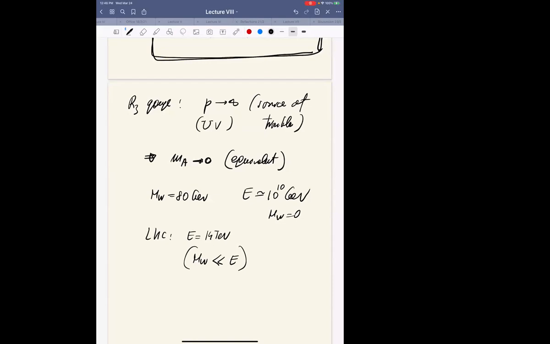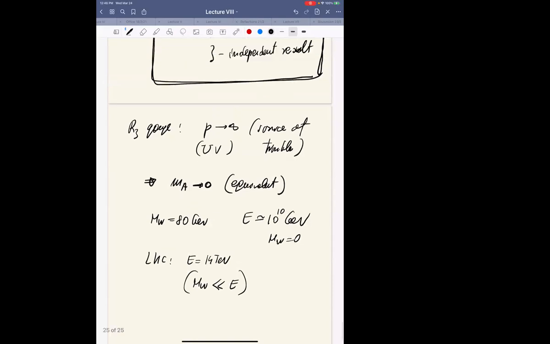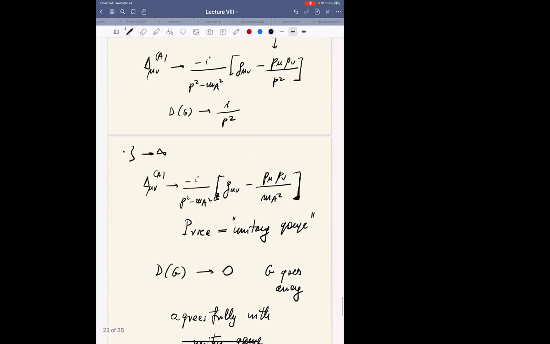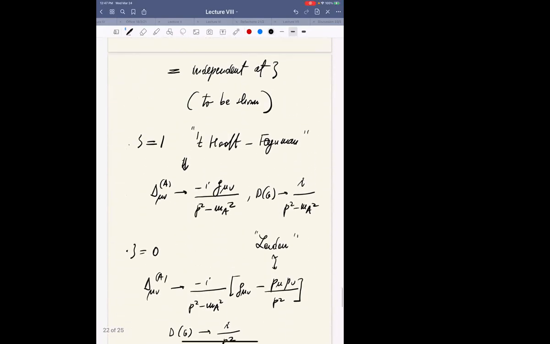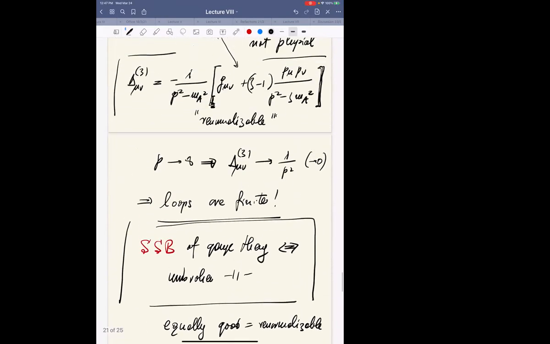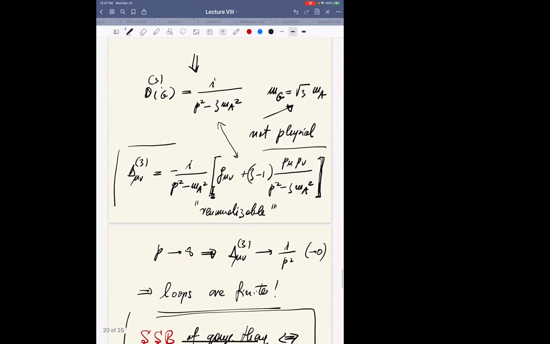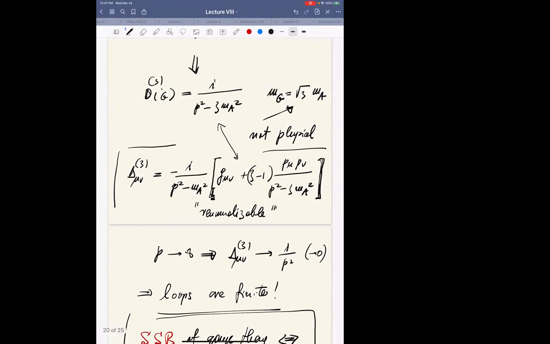So the R-xi gauge tells you, don't worry, the fact that the particle is massive is irrelevant regarding the ultraviolet divergences.